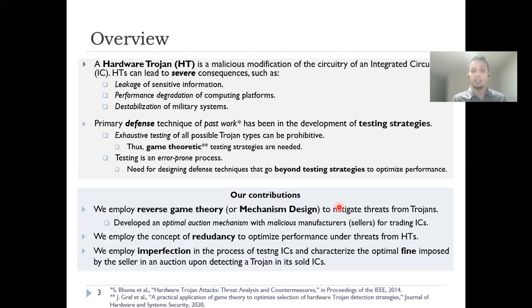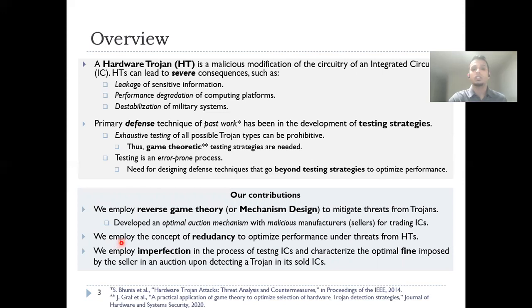What we have done is we developed an optimal auction mechanism design where there are n number of sellers, where some of the sellers can be malicious in nature, and under such circumstances, we try to find out what will be the optimal goal of such buyers in the presence of such malicious sellers.